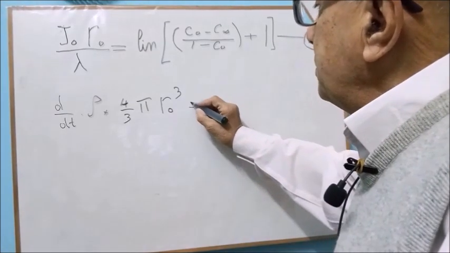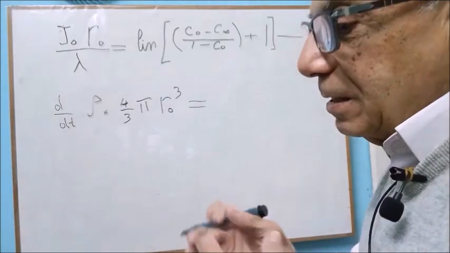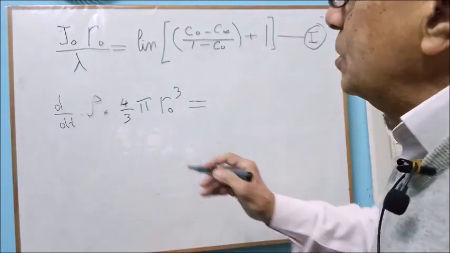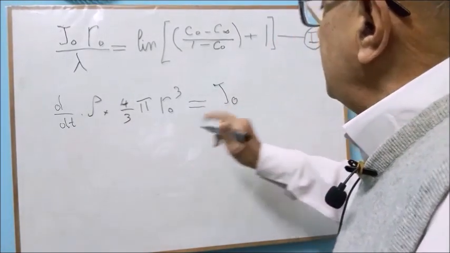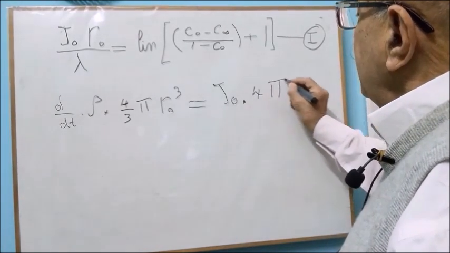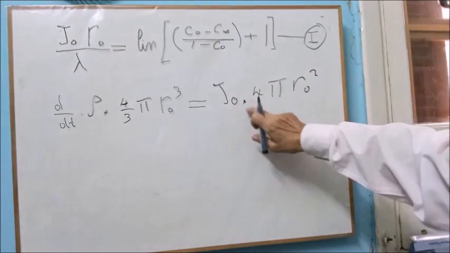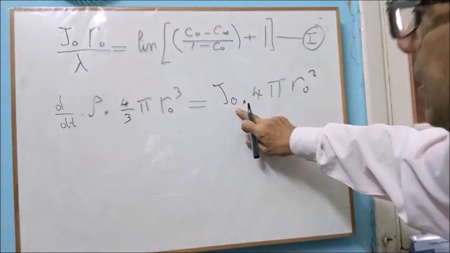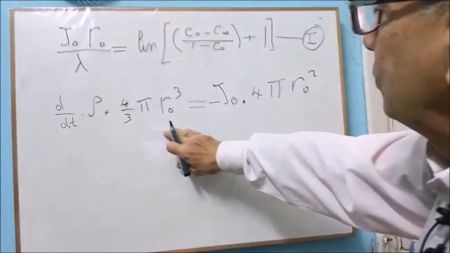At the same time, J0 is the rate of evaporation at the start of studying the evaporation, per unit surface area per unit time. So this should be equal to J0 times 4 pi R0 squared, because J0 is per unit area per unit time, so we multiplied by the area. This is a decrease, so we'll give it a negative sign because this is a positive quantity.